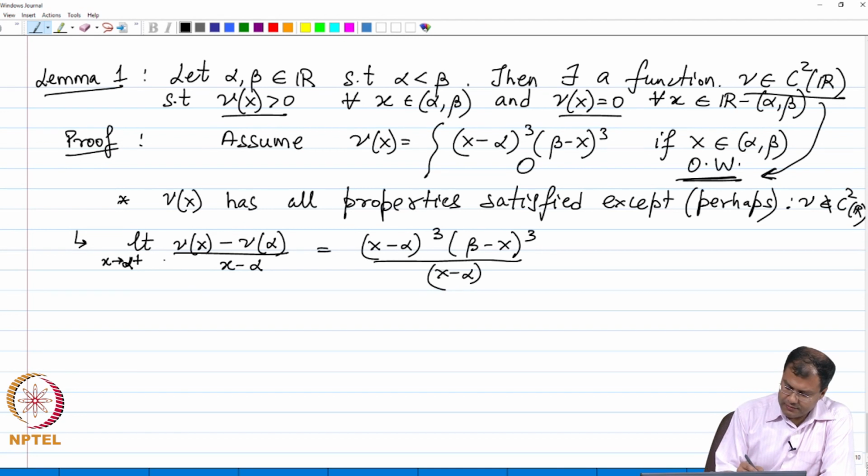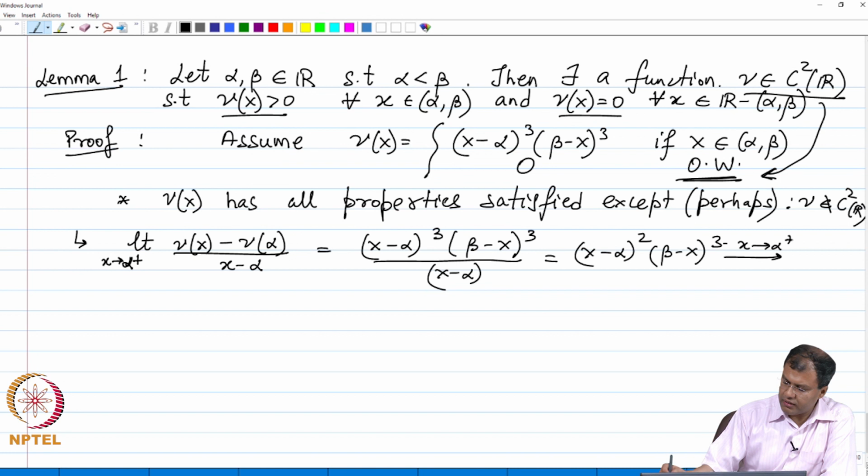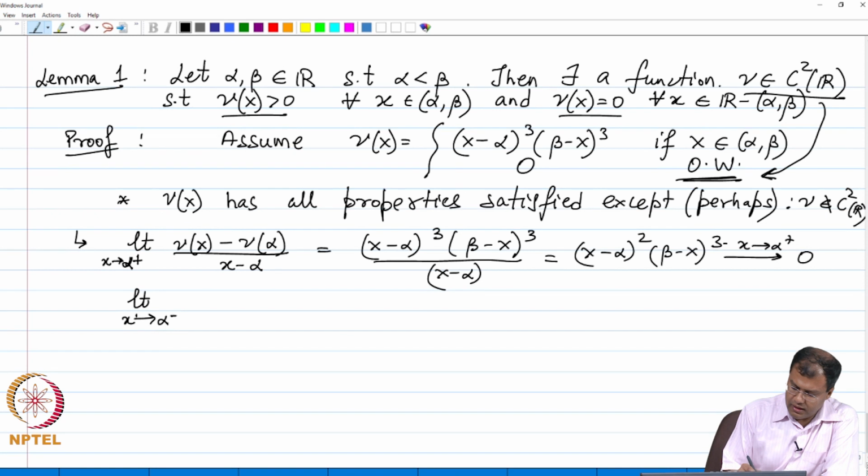We see that this limit is x minus alpha square beta minus x cube, right. And when I take the limit x going to alpha plus, alpha from the right, I see that this goes to 0, right.